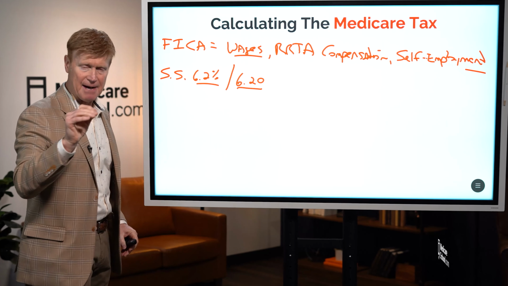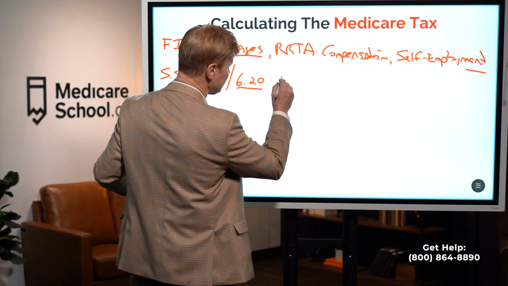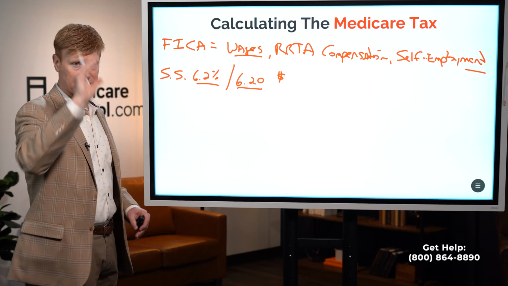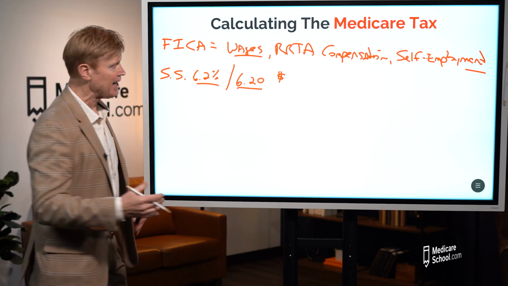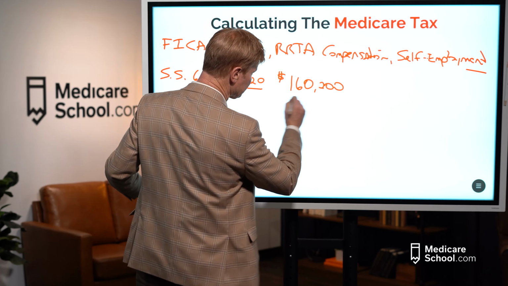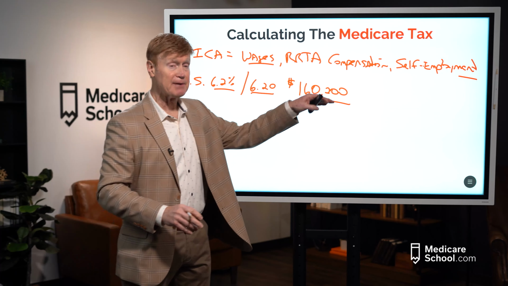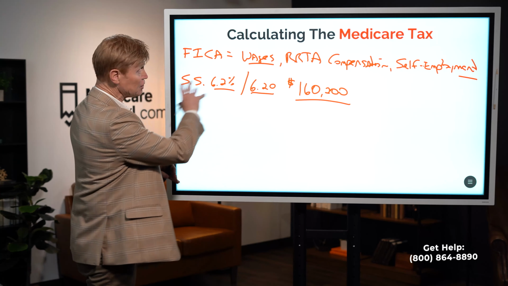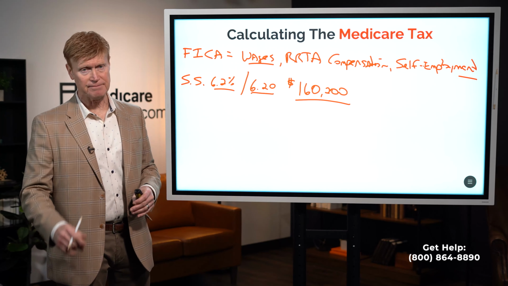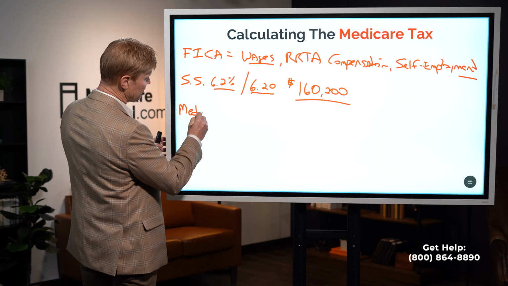But there is a cap on income for Social Security purposes, and that cap changes every year. I'm shooting this video May the 3rd, 2023, so if you're watching this in future years, it would be higher for sure. Right now, the cap on income subject to Social Security taxes is $160,200. Anyone with income above that would not be subject to the 6.20% or the match by the employer. Okay, here's why I share that with you. When it comes to Medicare, there is no cap.